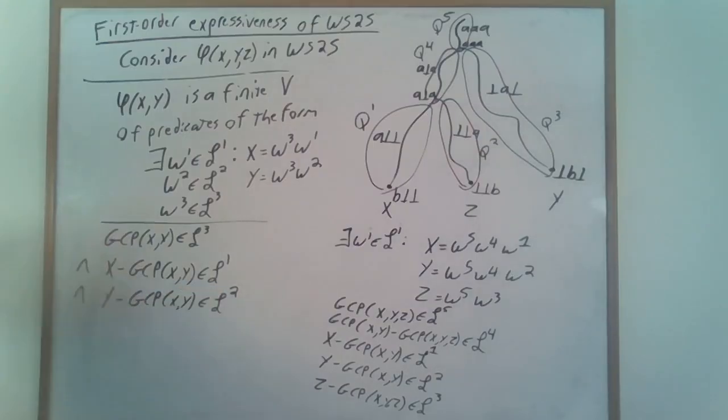And this is exact. Every predicate can be written this way, and anything that can be written this way can be written in weak S2S. That's a little bit tricky to see.